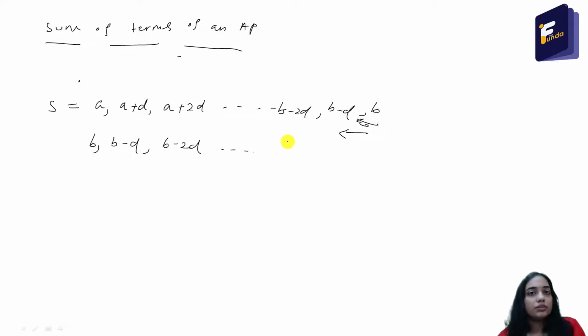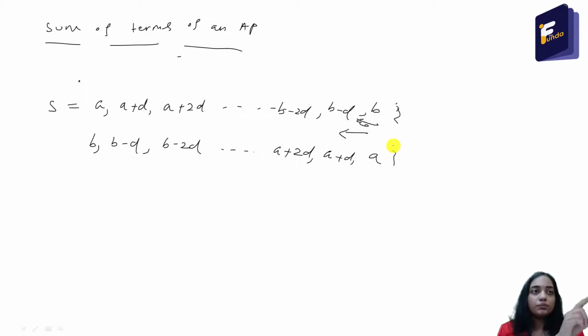This term is A plus 2D, then the last but one term is A plus D, and the last term is A. So I have written the whole AP in reverse order.